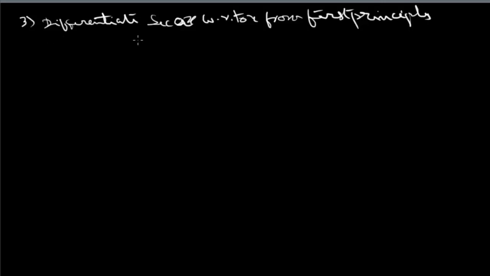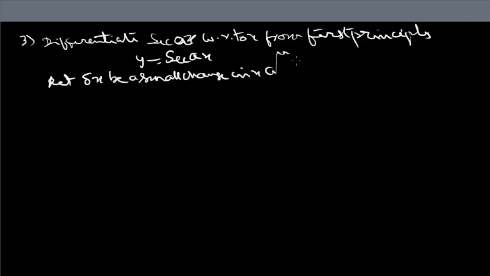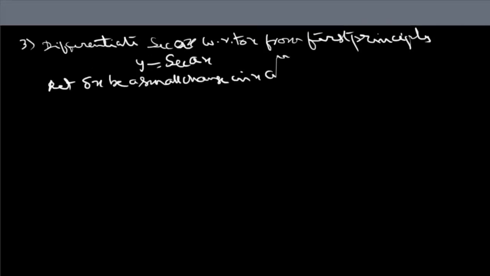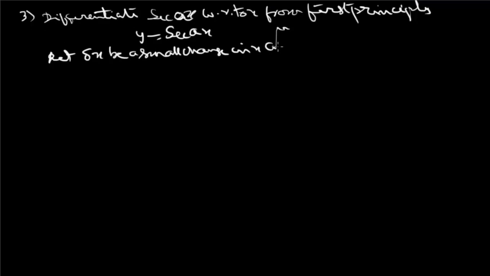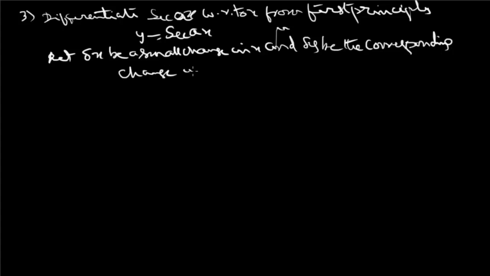Now we take y is equal to secant ax. Let delta x be a small change in x and delta y be the corresponding change in y.